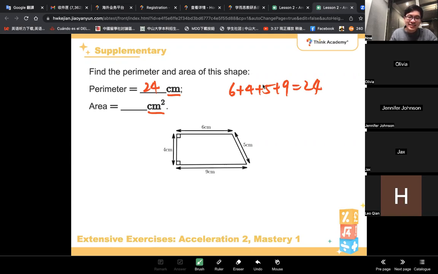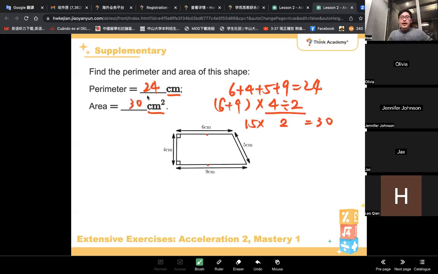Yes. So we know it is the sum of two parallel sides. These two are parallel. So sum of two parallel sides, 6 plus 9 times the height. Height is 4 centimeter divided by 2. So we can calculate this first. 15 times 2 will have 30 square centimeter. Now can you distinguish perimeter from the area?